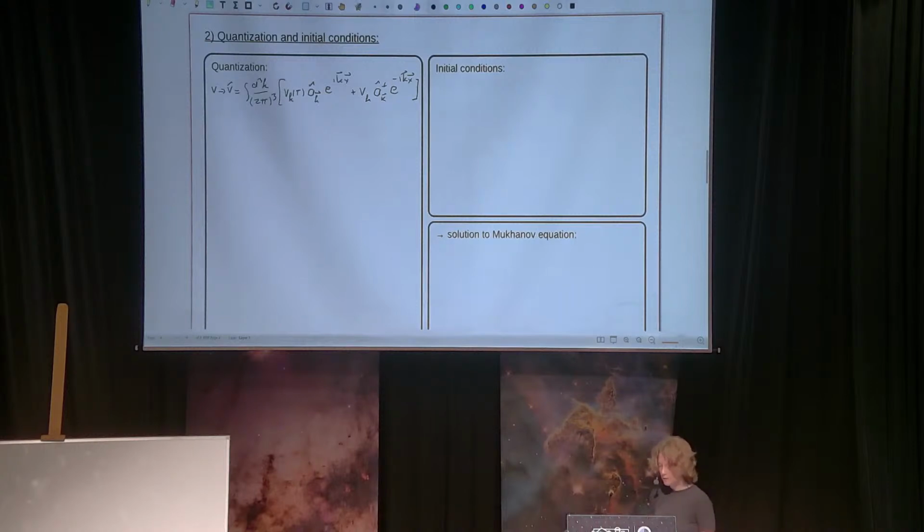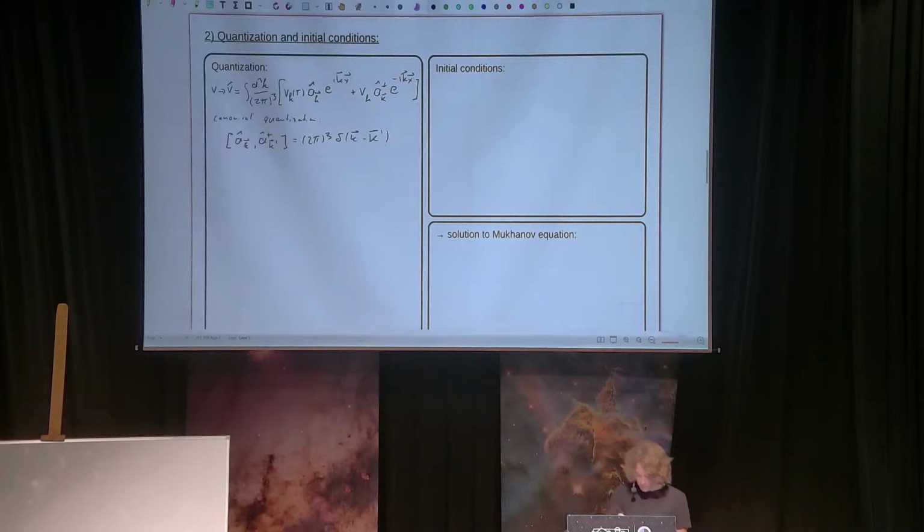And now we impose the usual canonical quantization conditions, which means we impose that the commutator of a_k with a_k prime dagger is (2 pi) cubed delta of k minus k prime.